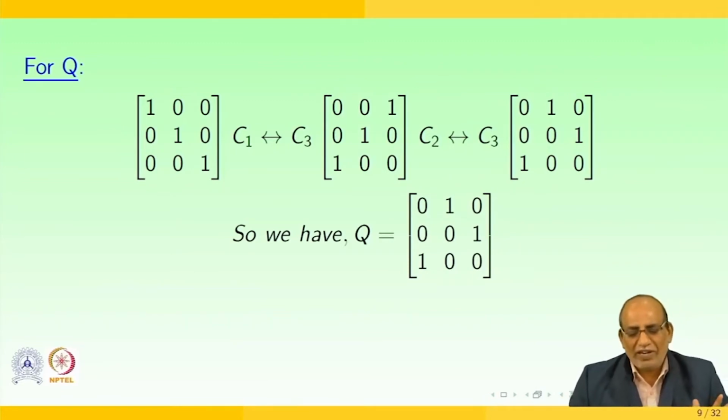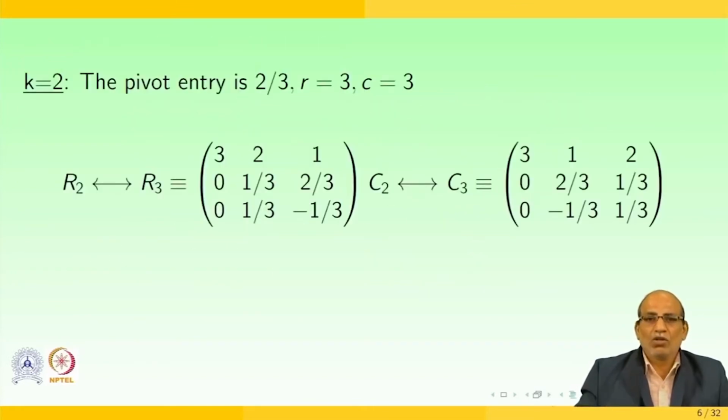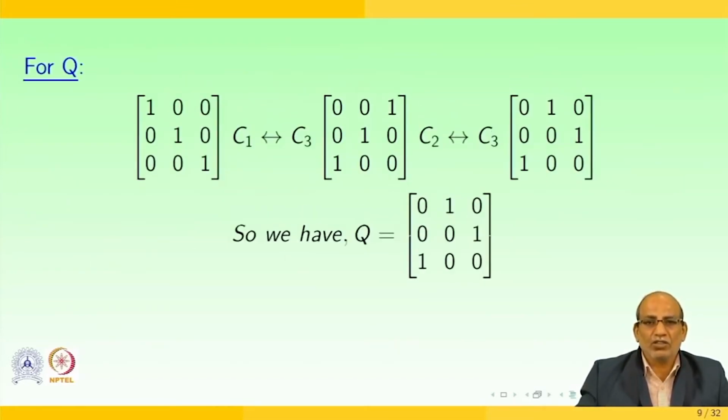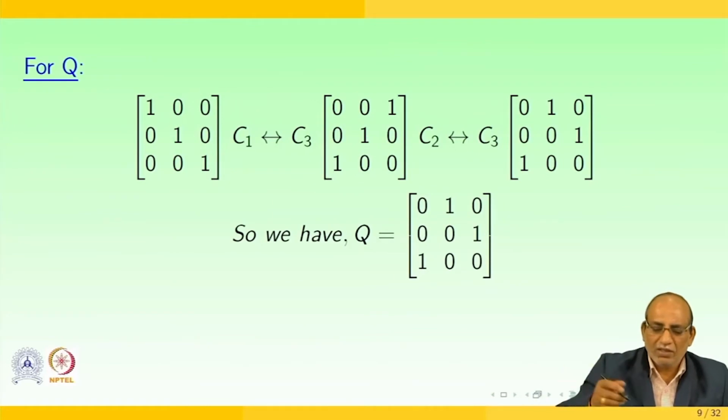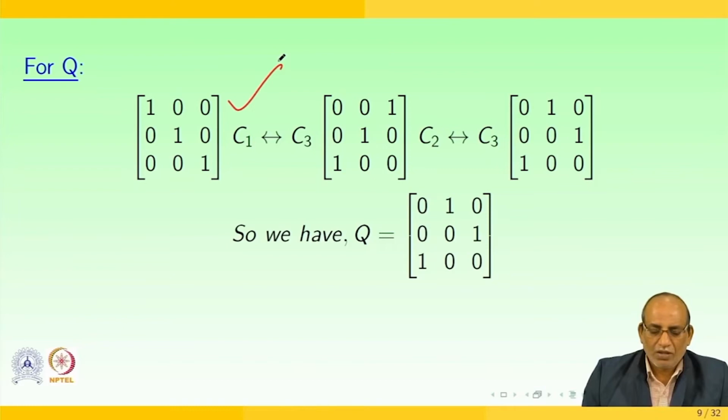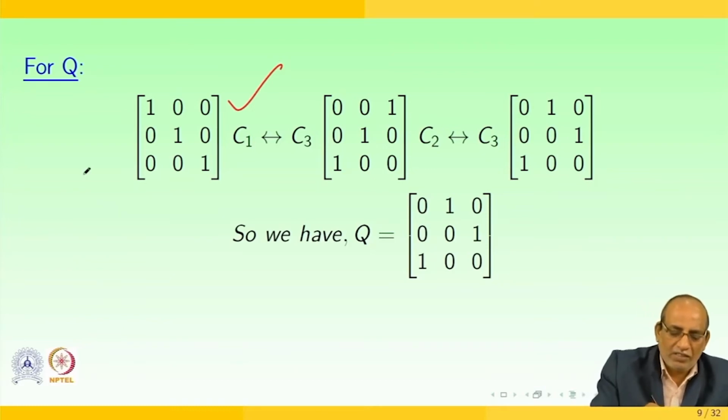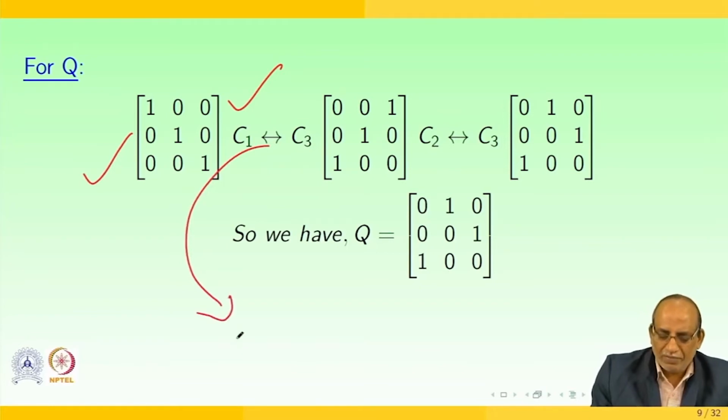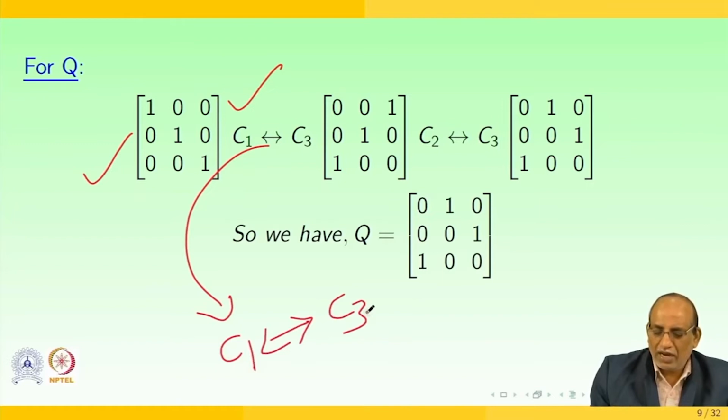Whatever we did for P with rows, we should do for Q with columns. For the matrix Q, we have 1 0 0, 0 1 0 and 0 0 1. Whatever column operation we did, C1 to C3, I did that.